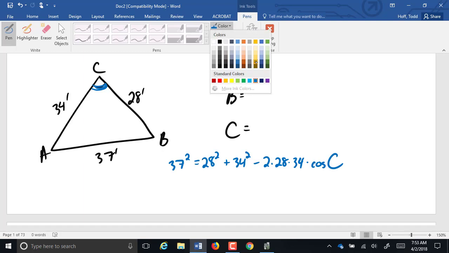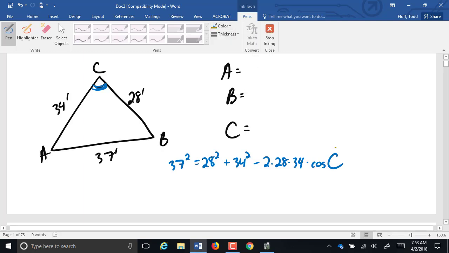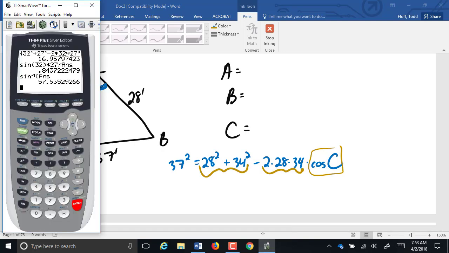Bless you. Bless you again. So now cosine of C becomes our variable. We're going to solve for that. So what I can combine here is I can combine this here, and I can combine this here. This all multiplies the cosine of C, so I can multiply it all together. 2 times 28 times 34.